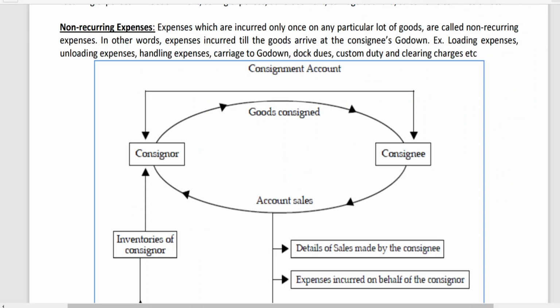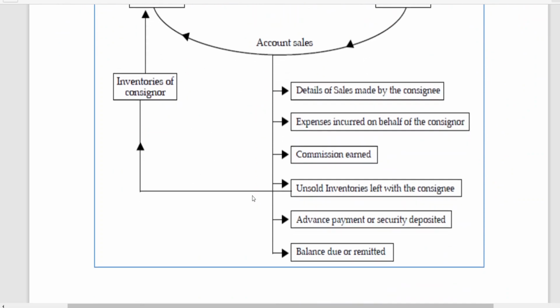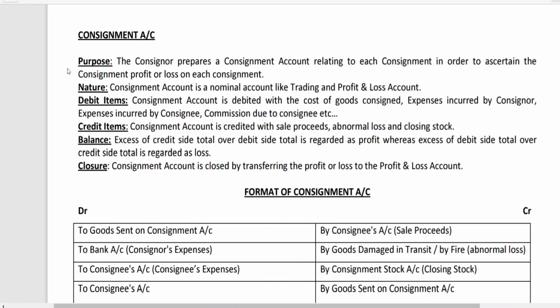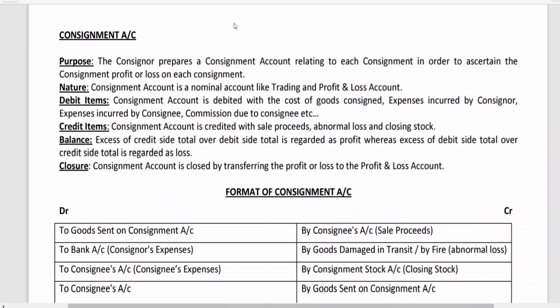Here we got in the material: the purpose of the consignment account is that the consignor prepares a consignment account related to each consignment in order to ascertain the profit or loss on each consignment. Consignment account is a nominal account like trading comma P&L account. We have learned these two, no?